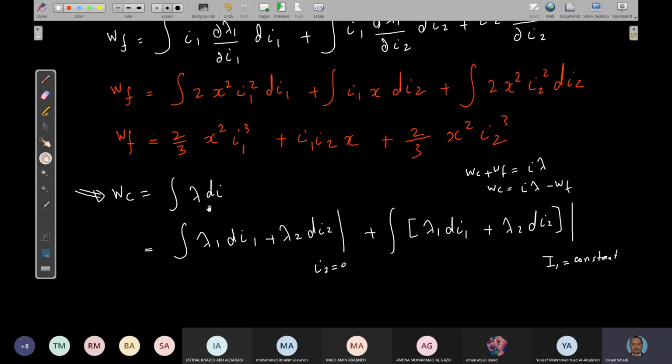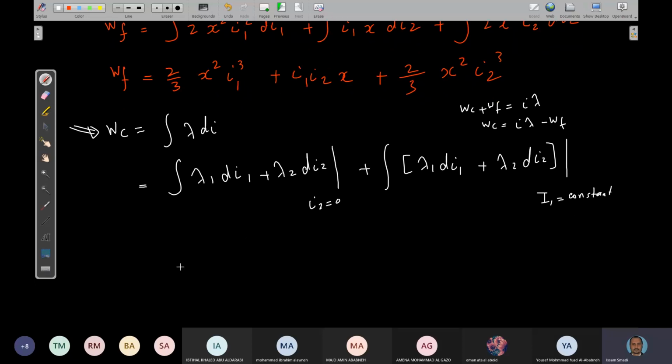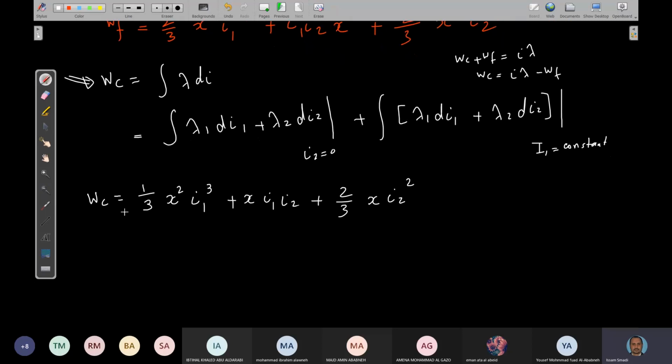Now, if I do the math, this is left for you to evaluate at home. I will find that omega c is equal to 1 over 3 x squared I1 cubed plus x I1 I2 plus 2 over 3 x I2 squared. Now I can use this one to calculate the torque.